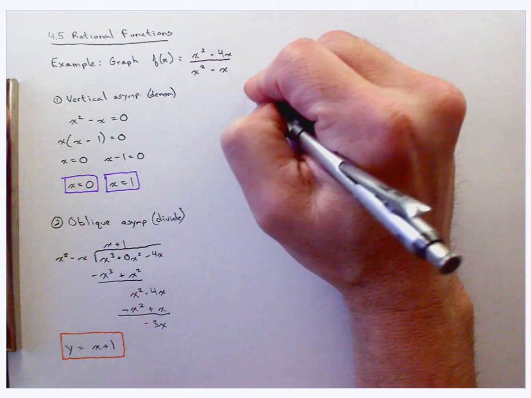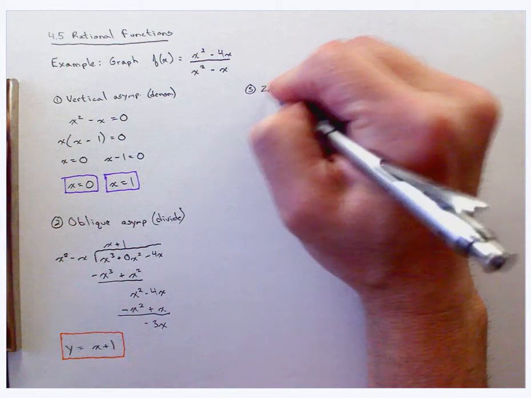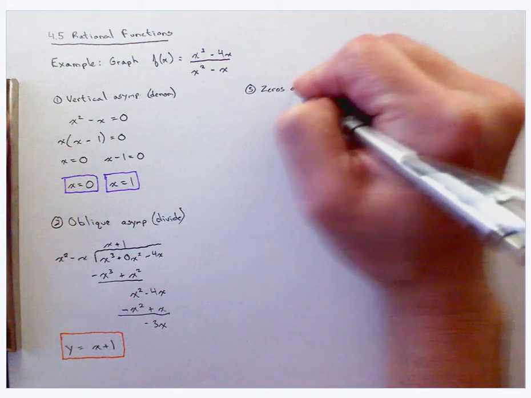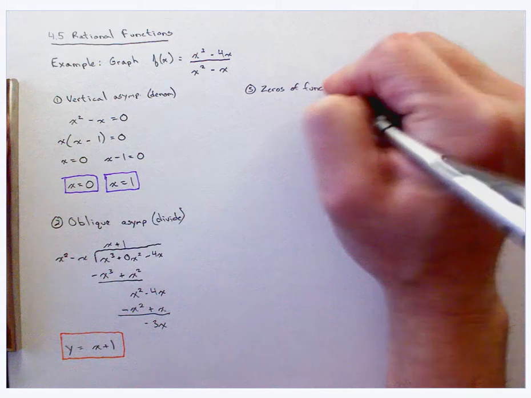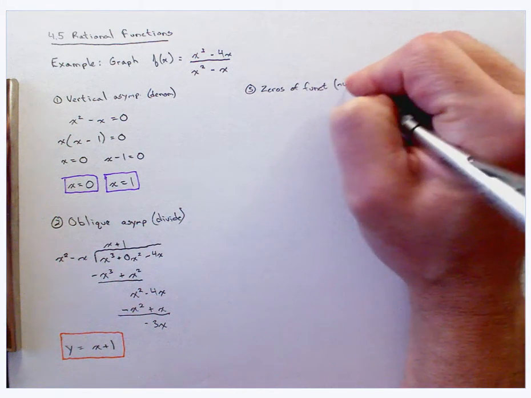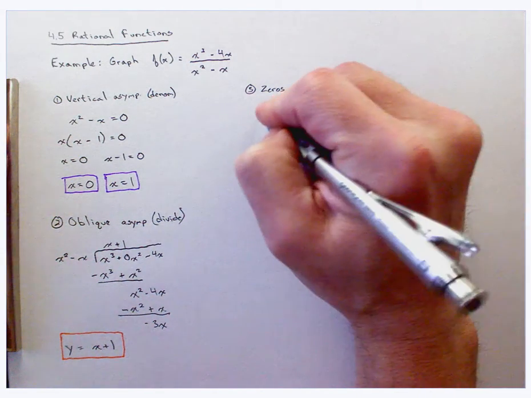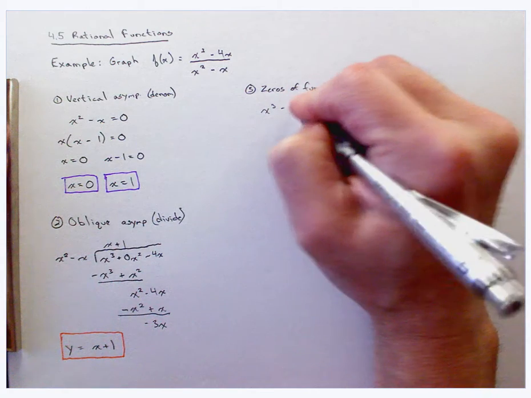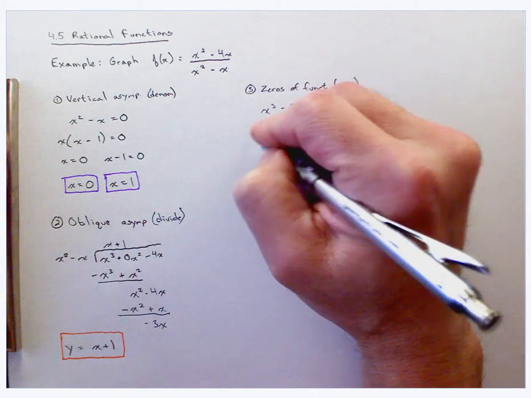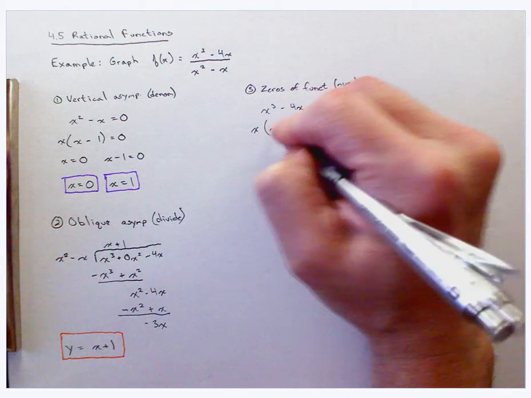Next, let's see, I can look at the zeros of the function. I use the numerator for this. X cubed minus 4x equals 0. I factor out an x.